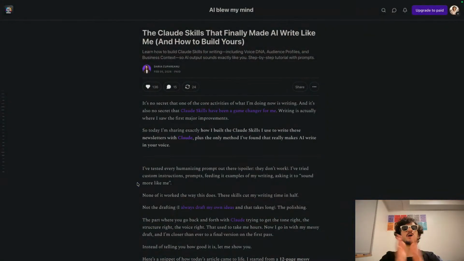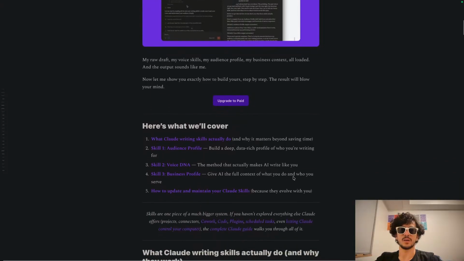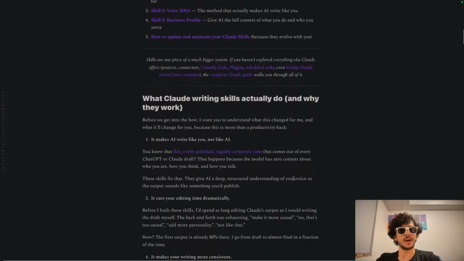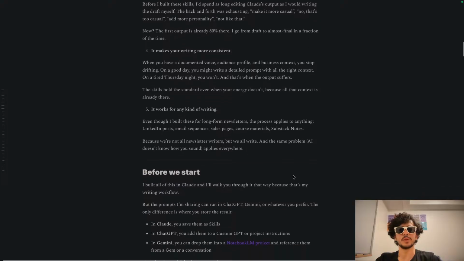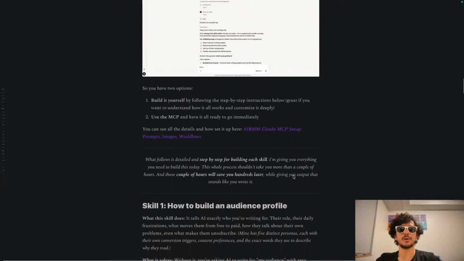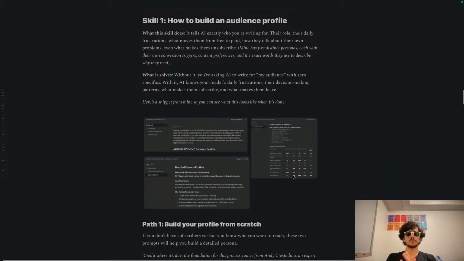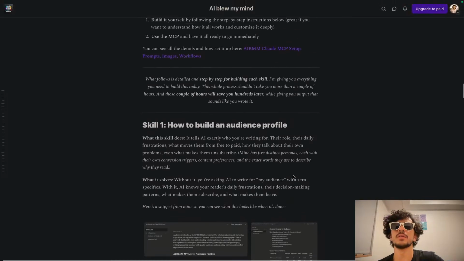But yeah, this is the article that I saw that Claude Code recommended me to go through to reach this point where AI would sound like me. It introduces the idea of what it actually means and what it takes to make it do that. I went through this already, and yeah, it consists of 3 skills apparently.